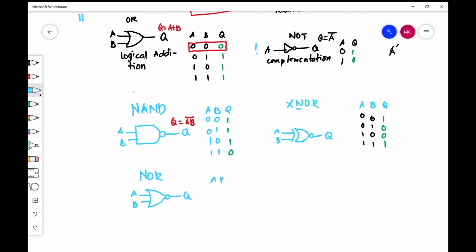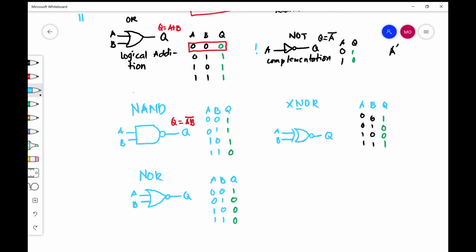And the truth table would look like this. Since we have 0, 1, 1, 1 as the output of OR, we'll have the opposite, which is 1, 0, 0, 0. Therefore, it outputs 0 if at least one of your inputs is 1.